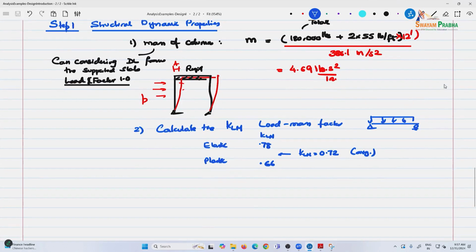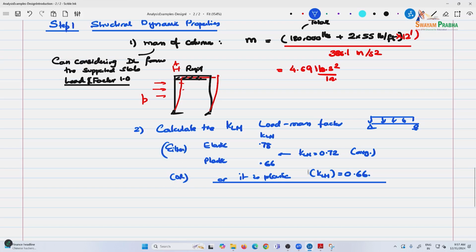Or you could say it is plastic, and because it is going to the extreme, KLM is equal to 0.66. So, either option is your choice. Let us go with this value here.